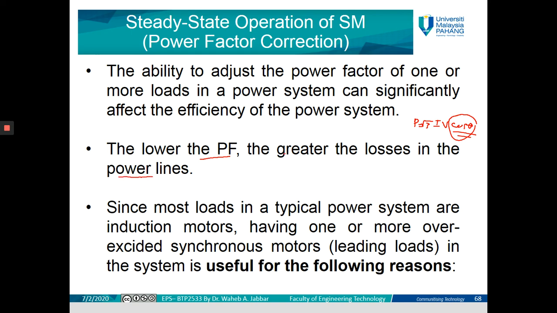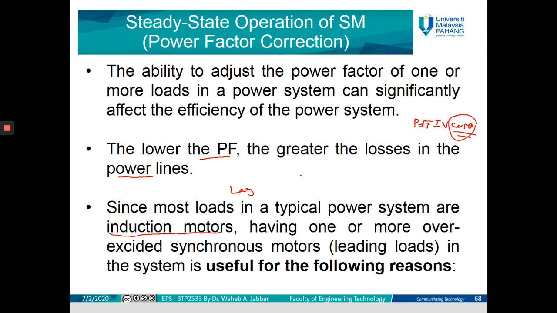Why? Because when we have a low power factor, that means we have a high value of current, and so more voltage drop, more thermal losses, and so on. Since most loads in a typical power system are induction motors, these loads usually provide a lagging power factor.